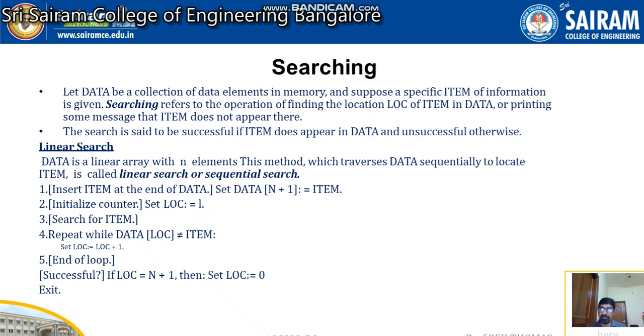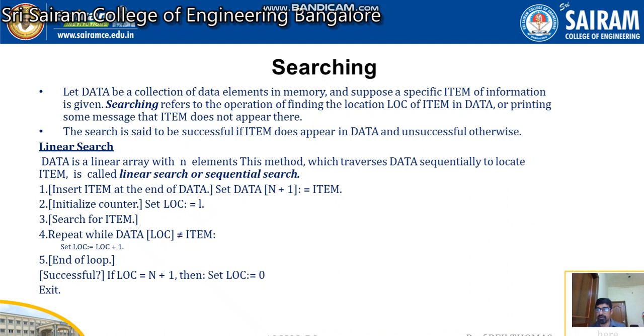Now we take a variable called location, which is equal to 1. Then we search for the item. Repeat while data of LOC is not equal to item. Item is to be searched. The LOC starts from 1. For the first location, we compare the elements: first element with the given element, the next element with the given element, third element with the given element.